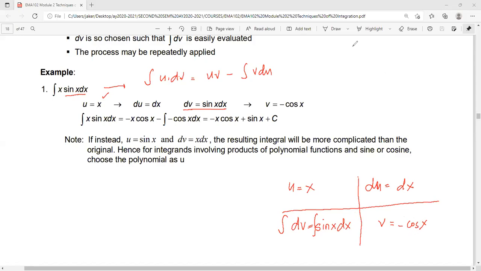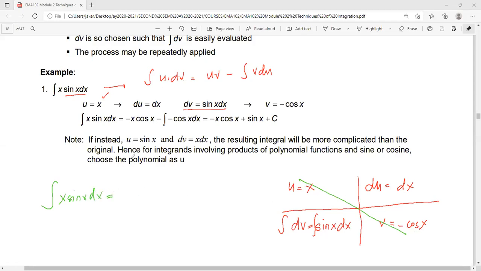Then what do you do? I usually tell my students you do this pattern. Based on the formula, you cross uv, meaning the answer to this, the integral of x sine x dx, is equal to uv.